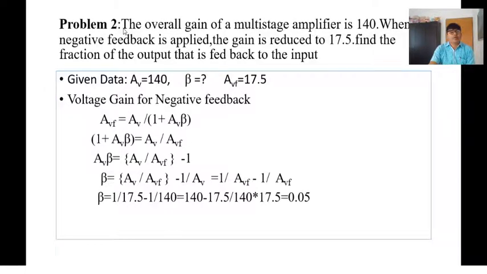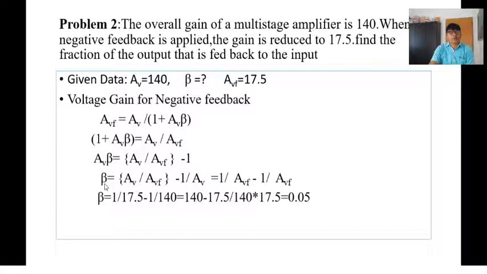Now in the second problem, the overall gain of a multi-stage amplifier is 140, meaning the gain without feedback A is given. When negative feedback is applied, the gain reduces to 17.5, meaning the gain with feedback is 17.5. Find the fraction of the output that is fed back to the input, meaning you have to calculate the beta value. Again the same format is used. Now you have to modify this and calculate beta.